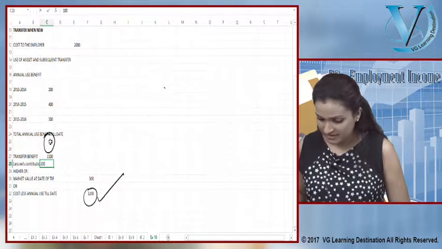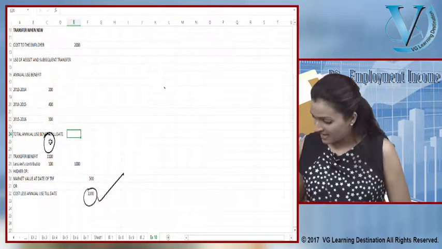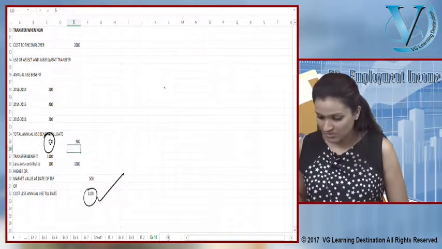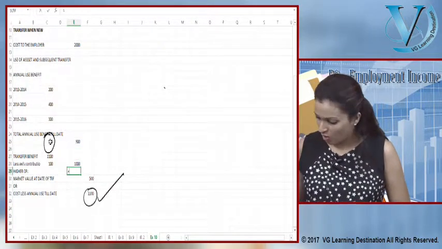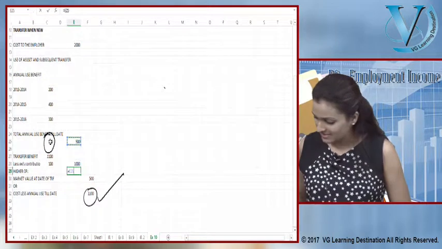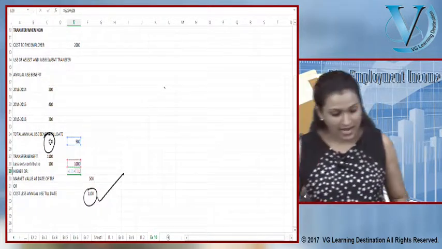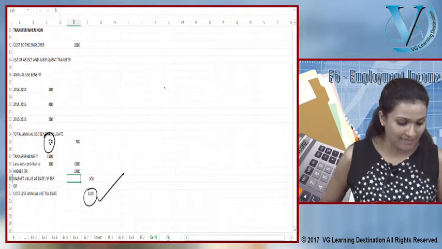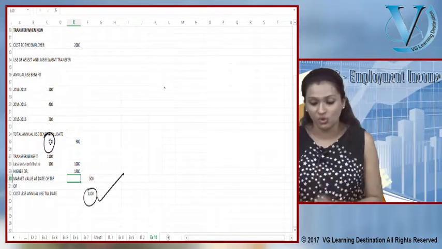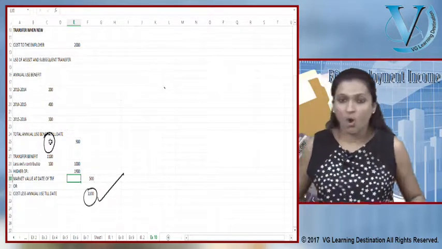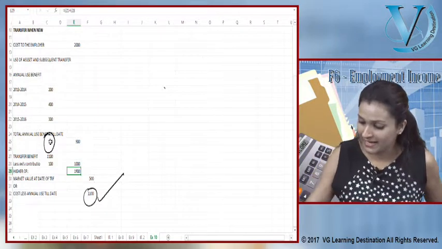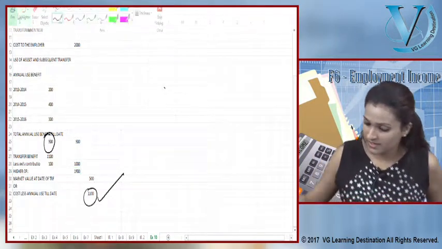So the taxable transfer benefit is £1,000 and the annual use is £900, totalling £1,900, which is going to be the assessable amount of the two.